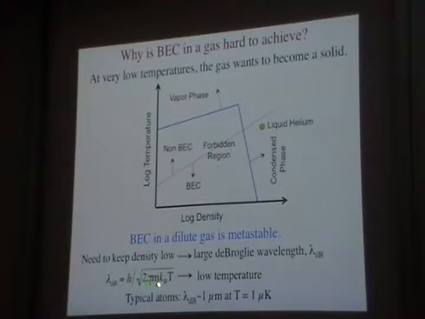And the de Broglie wavelength goes inversely like the momentum, or inversely like the square root of temperature, so you want to get to low temperatures. And typically, if you want a de Broglie wavelength for a typical atom of about a micron, you need to get to a temperature of a microkelvin or less. So just to show you on this plot, liquid helium is of course a liquid, and it's not in this forbidden region, but it's awfully close to getting there.